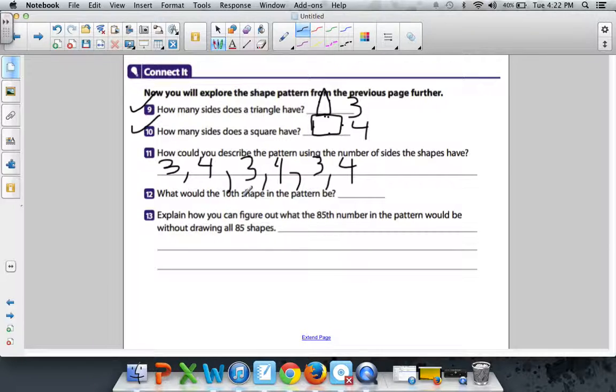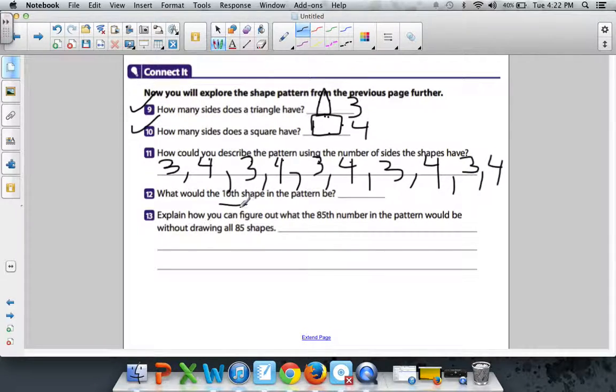What would the 10th shape in the pattern be? Now don't guess. Really try to figure it out. So we've got 1, 2, 3, 4, 5, 6. Let's keep going. Triangle, square, triangle, square. And they want 10th.